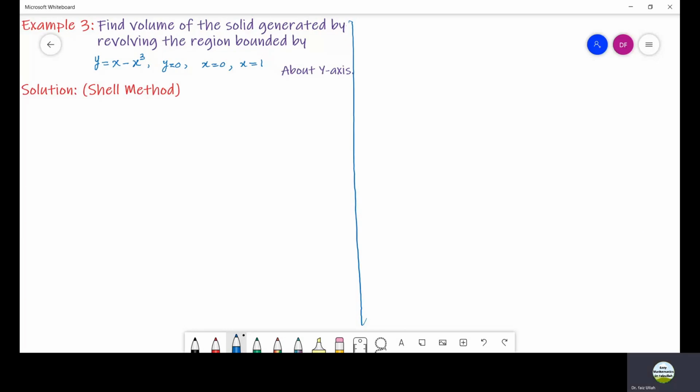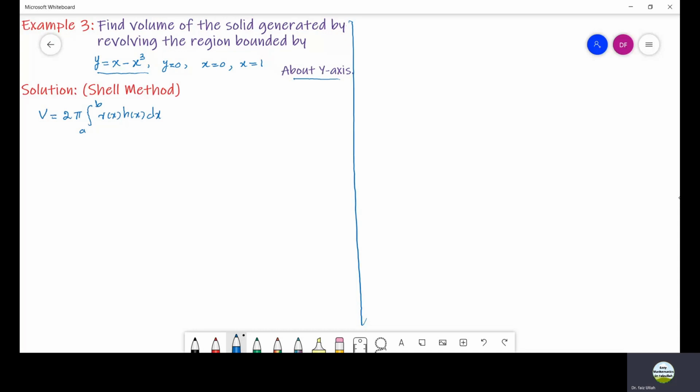In example number 3, we are rotating the region about the y-axis to generate a solid. Let us find its volume by using the shell method. According to the shell method, V = 2π ∫ from a to b of r(x) h(x) dx.